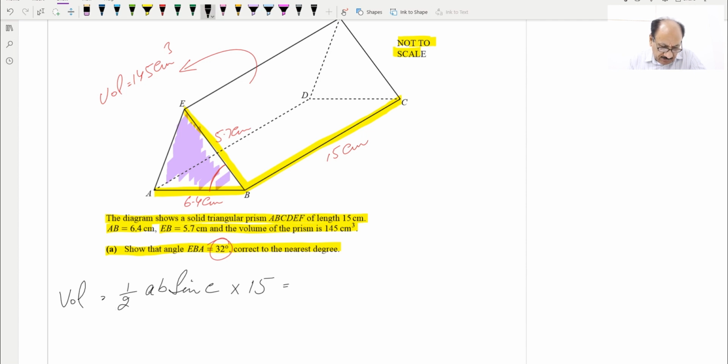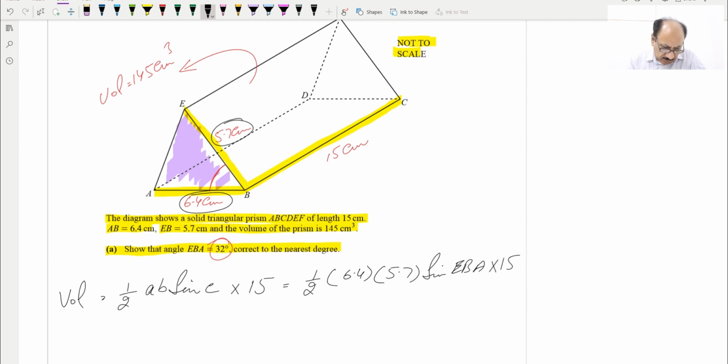Then we can replace the values. So half into A we can take 6.4, and B we can take 5.7. So 6.4 into 5.7, and sine of C, which we can write sine of EBA, and multiplied by 15.